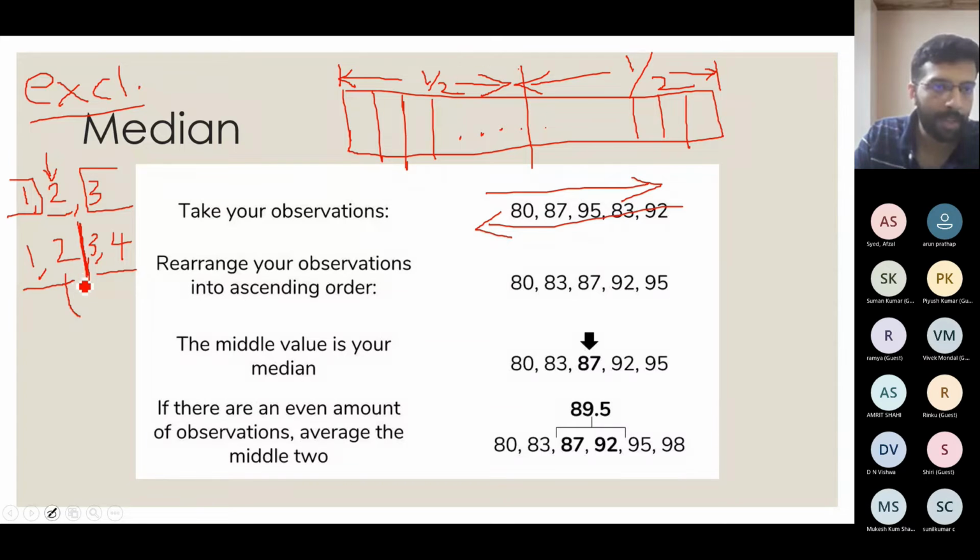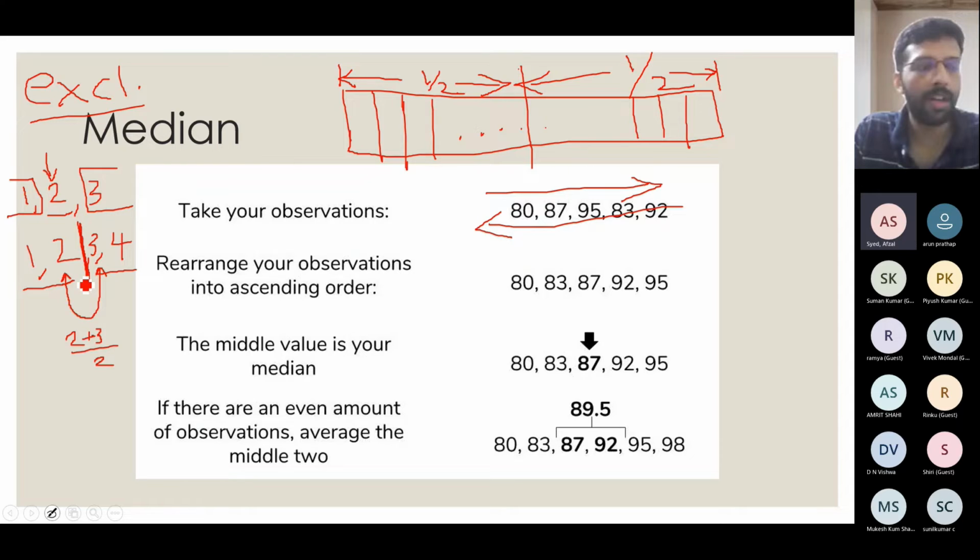I will take the mean of the values which fall on the two sides of this boundary. So I will take (2 plus 3) by 2, that's 5 by 2, 2.5. So I will divide my data into exactly two halves in the case of an even number of points, and I will take the mean or average of the 2 points falling on either side of this boundary. Is this clear?